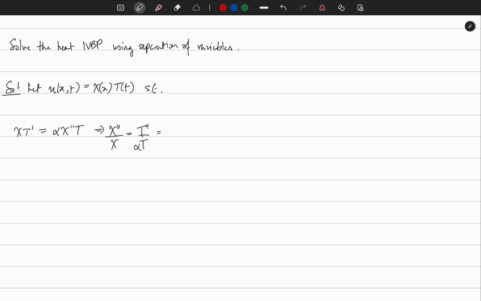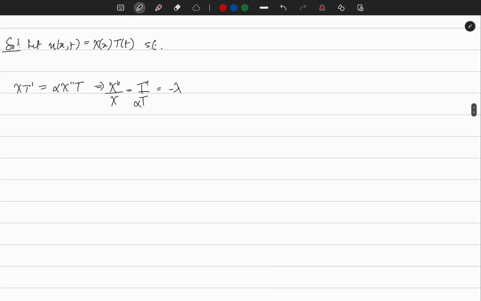So we'll let these two expressions be equal to some arbitrary constant, minus lambda. Doing so gives us the two ODEs that we are trying to find. One of them being X double prime plus lambda X is equal to 0, and T prime plus lambda alpha T is equal to 0.